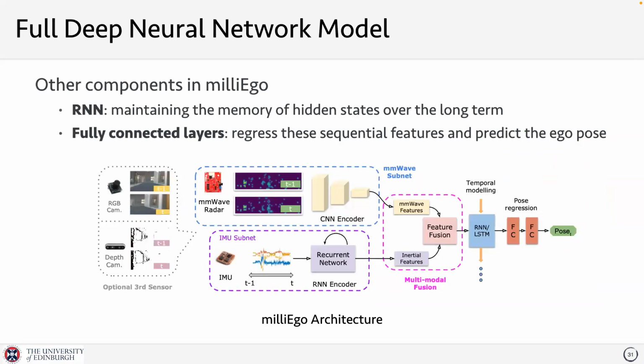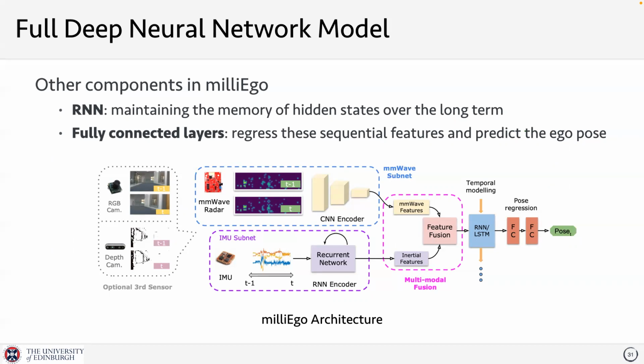On receiving the fused multimodal features, a recurrent neural network is subsequently tasked to model the long-term dynamics. We adopted the recurrent neural network here for its proven ability to maintain the memory of hidden states over the long run, which is crucial here because ego-motion is quite related to dynamic systems if you think about it.